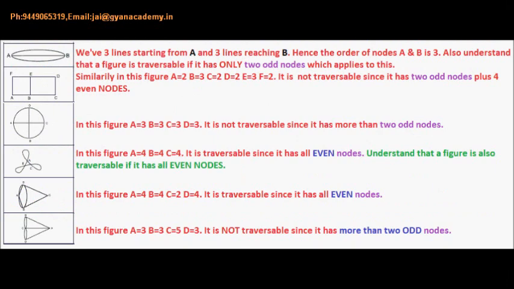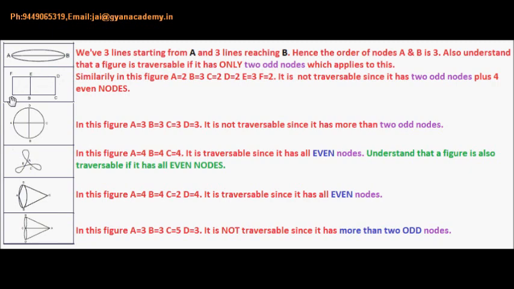See, in this figure over here we have 3 lines starting from A and 3 lines reaching B. Hence the order of A and B is 3. This figure is traversable because it has only 2 odd nodes. Remember, a figure is traversable only if it has 2 odd nodes or it has all even nodes.